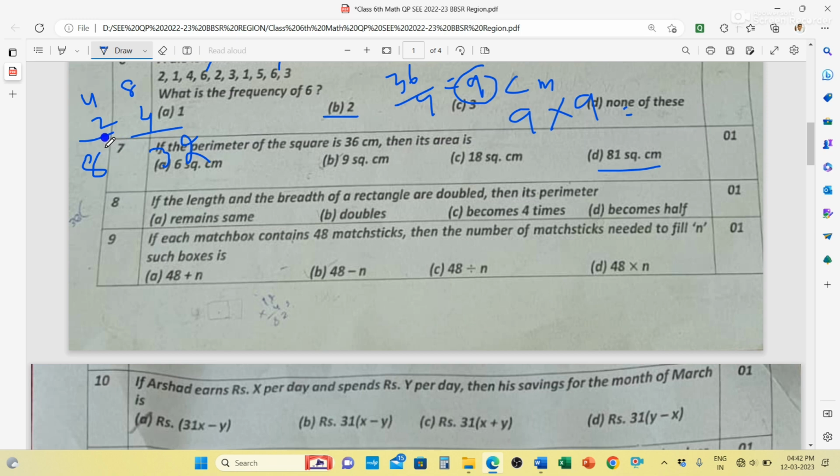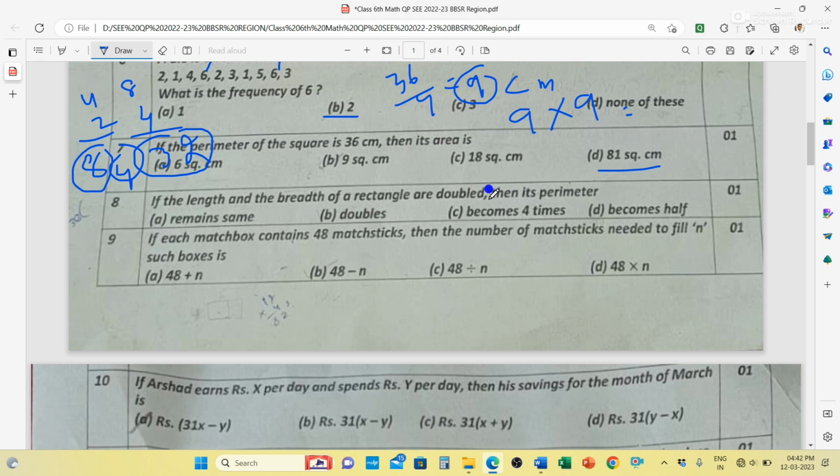The old area was 8, and the new area is 32. So the area became 4 times. If length and breadth are doubled, then area will be 4 times.